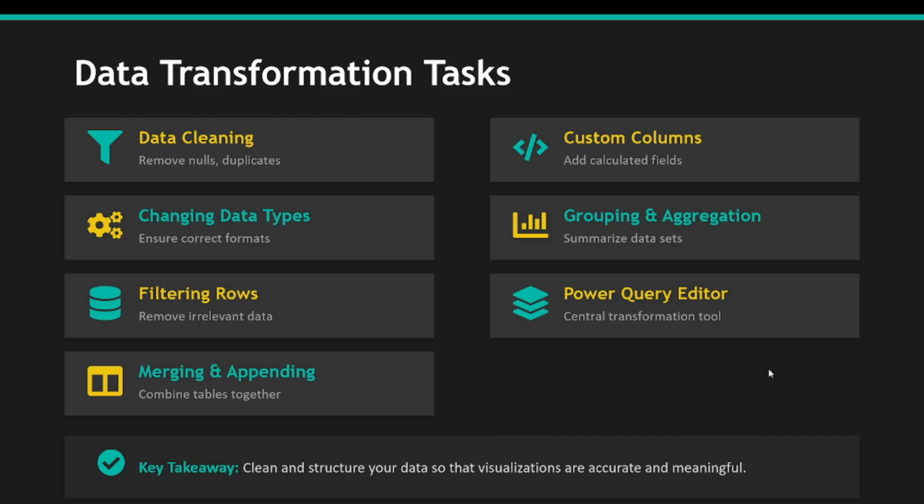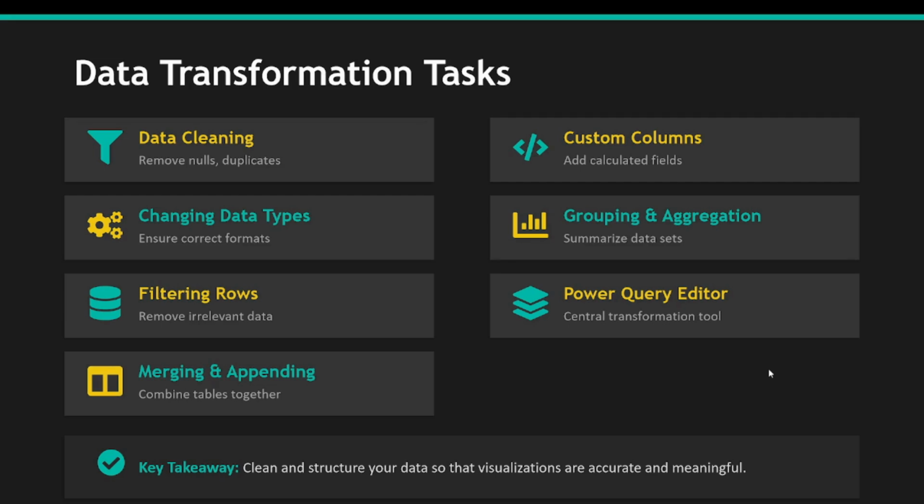The second task is changing data types. Every column in your dataset has a data type such as text, number, date, or boolean. Power Query automatically detects data types when you load data, but it does not always get it right. For example, a date column might be imported as text, or a numerical ID might be treated as a decimal number.